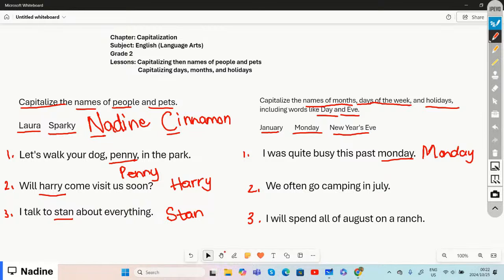And it says we often go camping in July. So July is one of the months in the year. And if we were to write that word with a capital letter, it's a capital J, July.